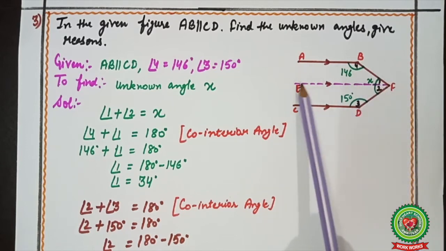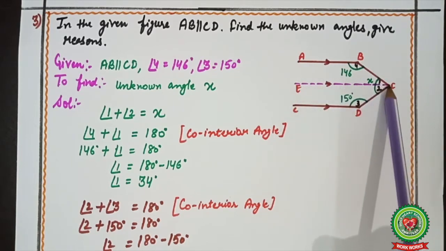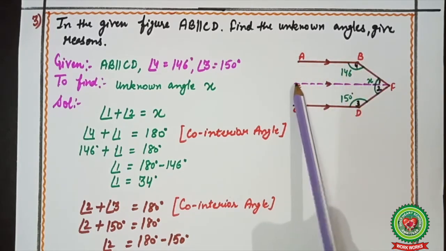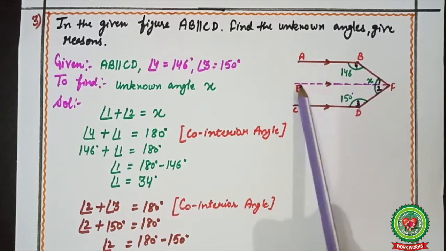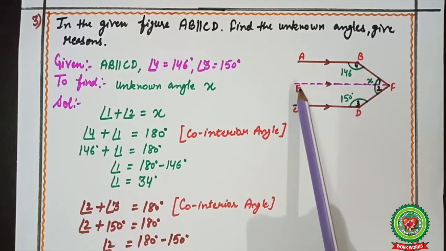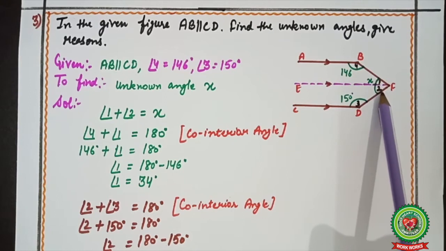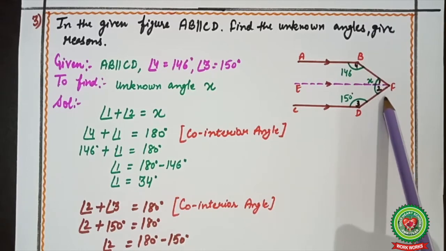Now if I construct a line parallel to AB as well as CD, it will cut this point F. This is another parallel line EF, and this line will divide this angle into two parts. So I am giving the numbering to these angles as angle 1 and angle 2.